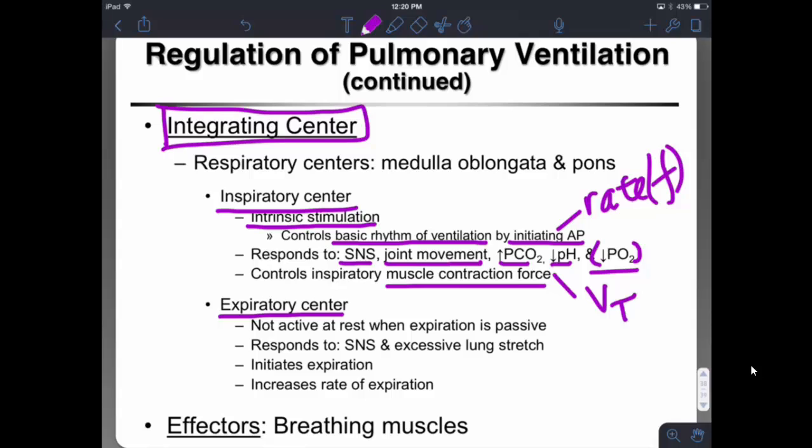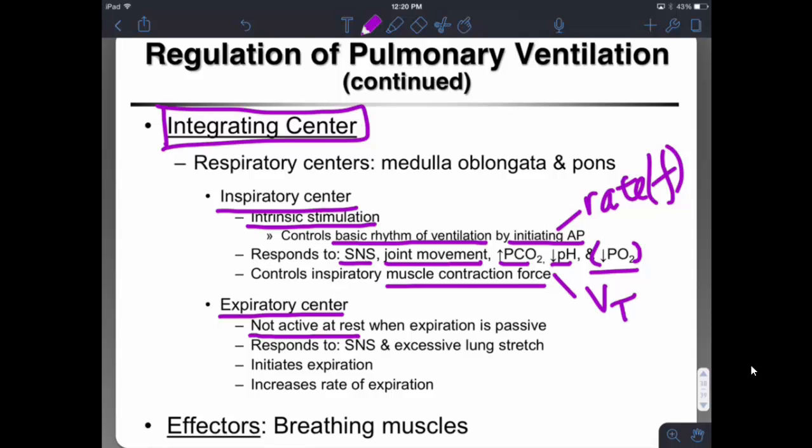In the expiratory center, remember that expiration at rest is passive, so the expiratory center at rest is not active. Expiration at rest is just occurring because inhalation ends, the inspiratory muscles relax and recoil, and this automatically causes expiration.